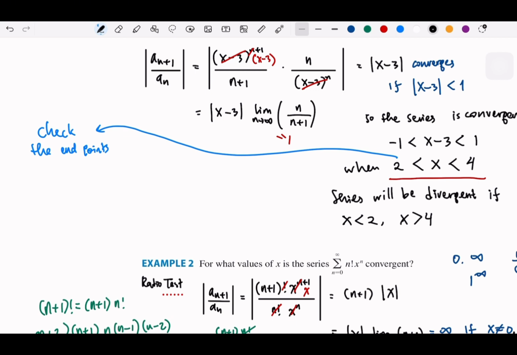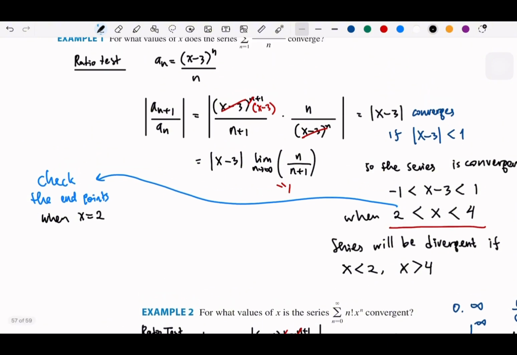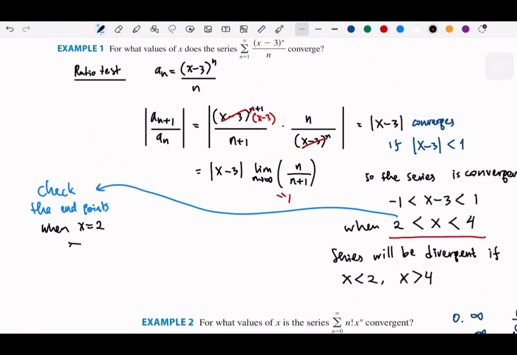So we check when x equals 2, it means that we have the series, negative 1, right? Remember, in alternating series, we know, I think we have done before, this will converge, which means that we have the equal. So we need to take the equal because this converges.